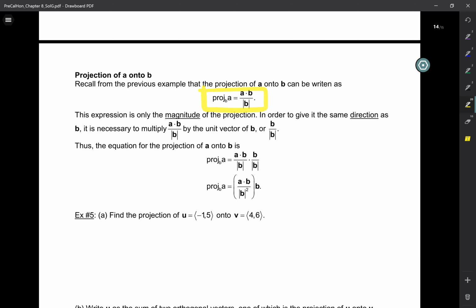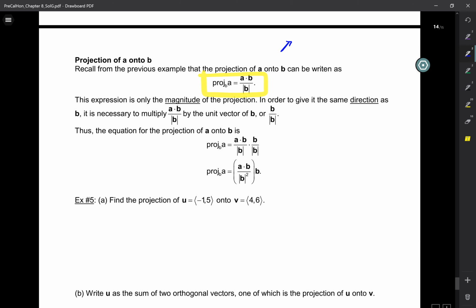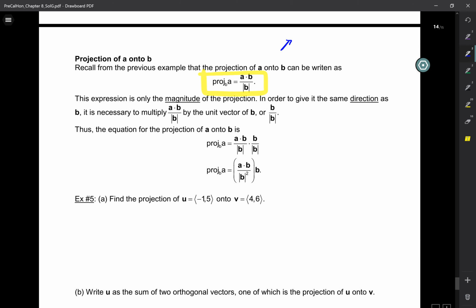In order to give something a direction, I need to multiply it by a unit vector. Do you remember what unit vectors were? A unit vector has a magnitude of 1, but it's got a specific direction. So I can take any number, like 3, multiply that by this unit vector, and now it'll be a vector of 3 units that points in that direction.